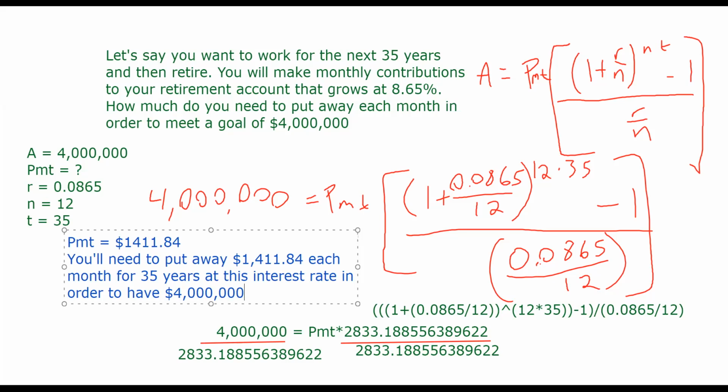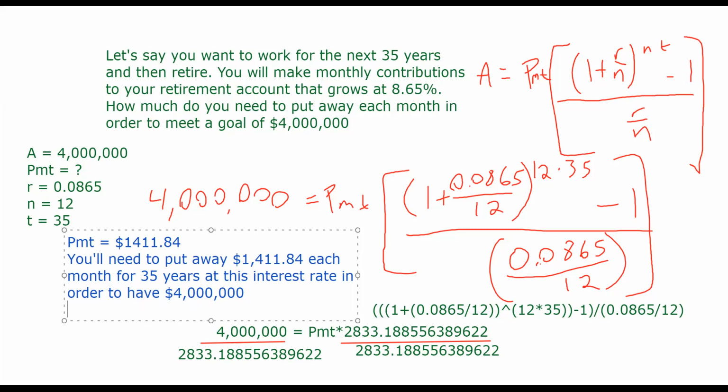But even more so, let's say you're working for a company and your company does match. So this says you need to put away $1,411.84. But if your company matches the full amount you put in, you are only responsible for half of that each month.